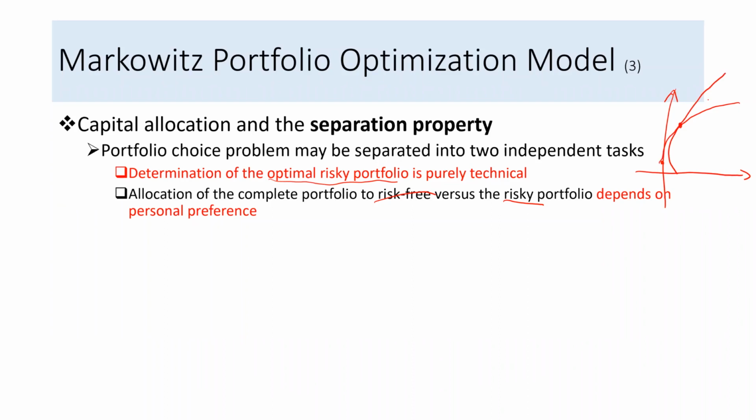These are all technical and will be solved mathematically, but the choice you make on how much proportion you want to invest in the portfolio P, the optimal risky portfolio, determines your location on this straight line. And this is a very personal decision that depends on your preference and also your utility function. So your utility function should reflect your preference.